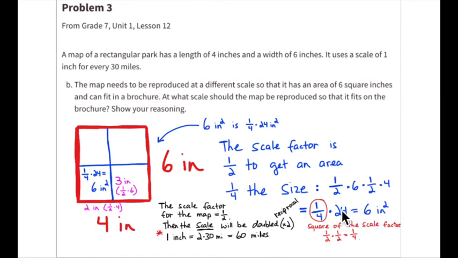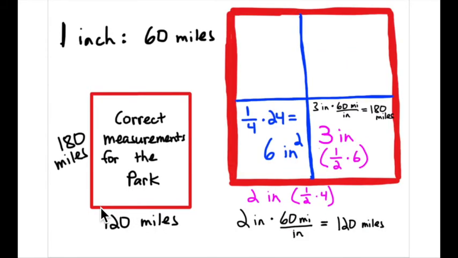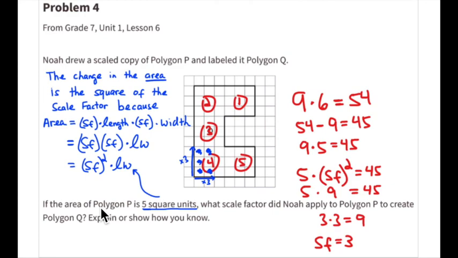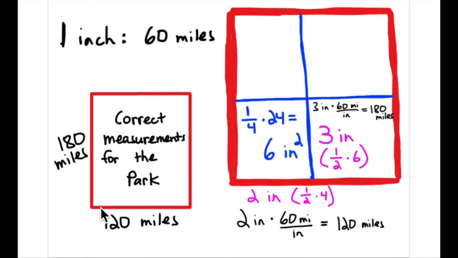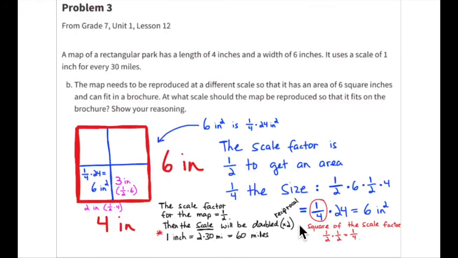So what you multiply by is actually the square of the scale factor. So you multiply by the square of 1/2 because 1/2 times 1/2 is 1/4.